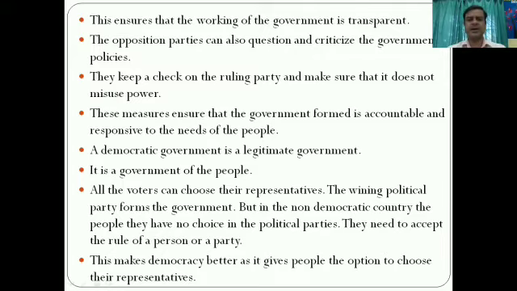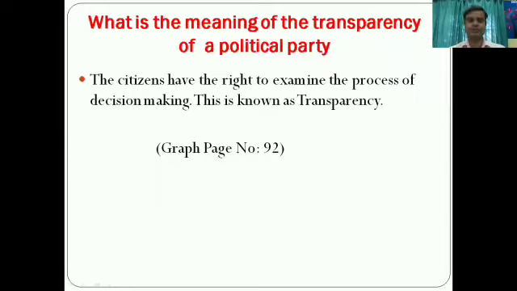A democratic government is a legitimate government. It is a government of the people. All the voters can choose their representatives. The winning political party forms the government, but in a non-democratic country, the people have no choice in political parties. They need to accept the rule of a person or a party. This makes democracy better as it gives people the option to choose their representatives.